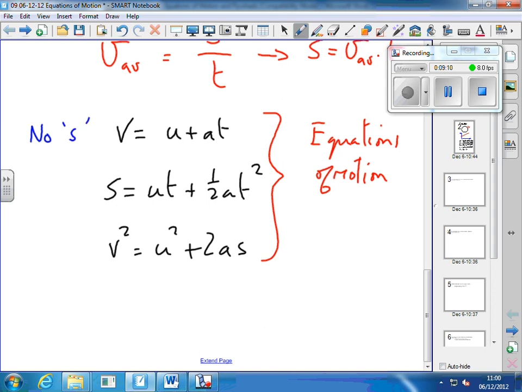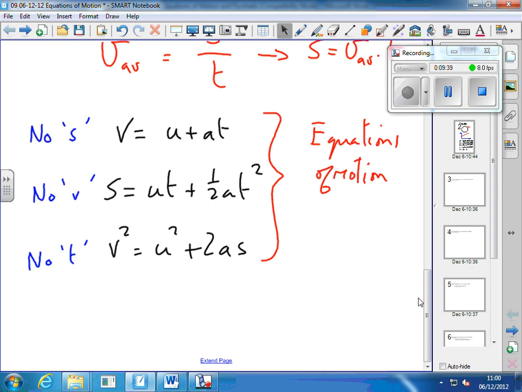And the other 2 have been designed so that something's missing in those as well. If you look at the second one, there's no final velocity. So if I'm not interested in the final velocity, or I don't know what it is, I would perhaps use the second one. And what's the obvious thing that's missing in the third one? T, yeah. So if I don't know the time, or I'm not interested in it, then that's the one I'd be looking for. So they've been arranged like that for that reason, really.